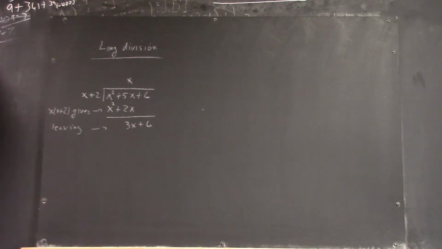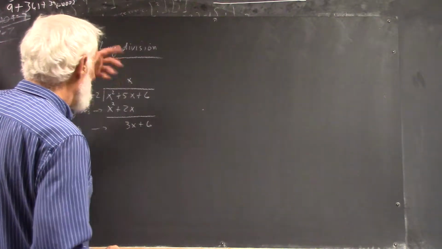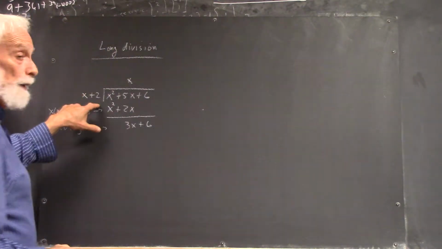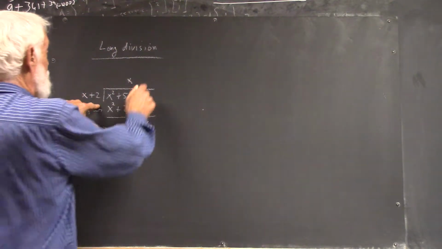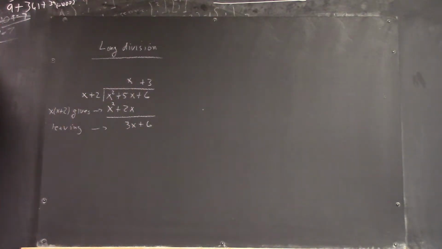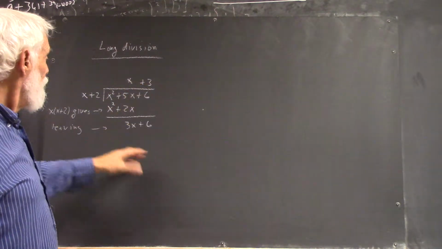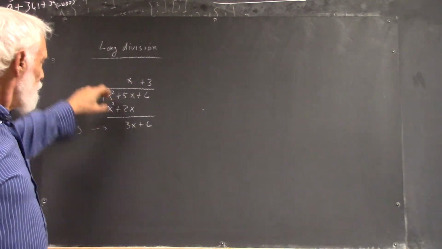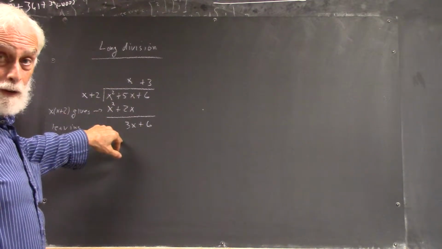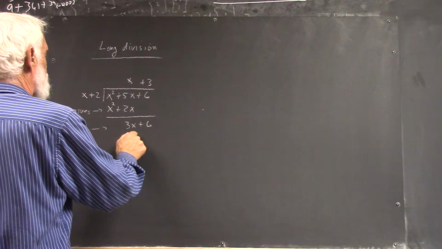And then I know that in order to get 3x when I multiply whatever's up here by this, it better be 3, because that's how I'm going to get 3x. It can't be 3x because it can't be anything with an x, because it'll give me an x squared, and I've already got the x squared that I need. I don't need another one. So I have 3 here. I multiply that by x plus 2.